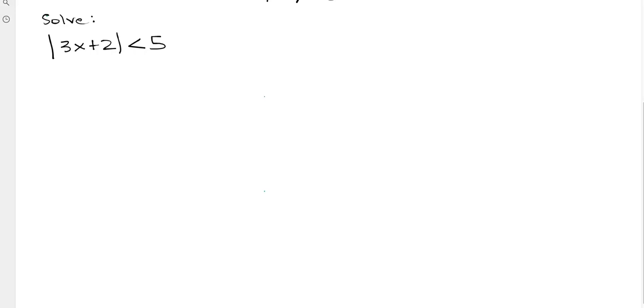A way that I tell my students to help them remember if this is an and or an or statement, because whenever we have inequalities, it's going to be an and or an or statement. When you have a less than, or less than or equal to, I want you to think of less than, right?